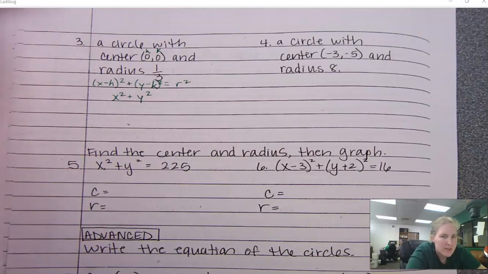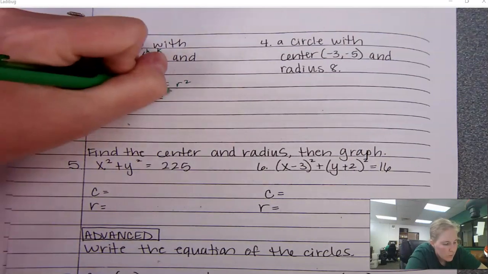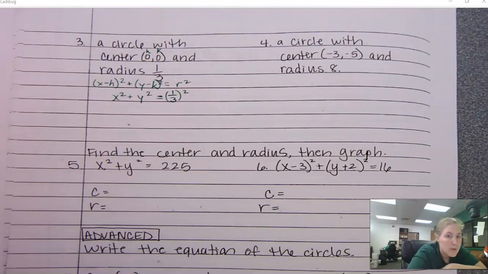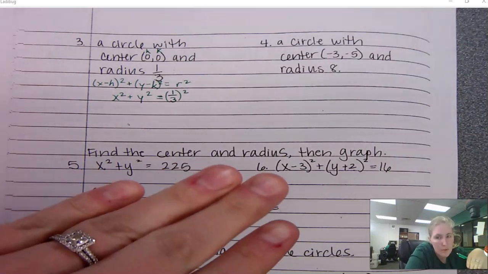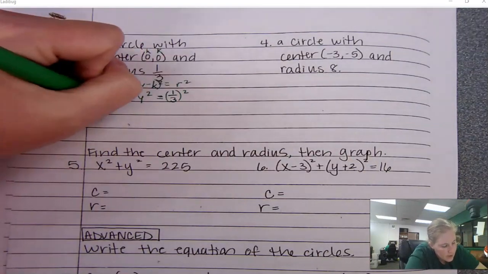And if you're kind of confused at that, look at example 1 and see what we did. It's the exact same thing from example 1. Okay, and then our radius is going to be 1/3 squared. Alright, if you're confused about how to square this, remember that when you're squaring a fraction, you want to square the top, so the numerator, and the bottom number, the denominator, to square a fraction.